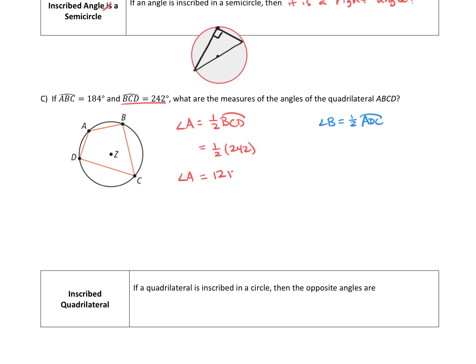And we'll come back to that one once we have a little bit more information to help us figure out what arc ADC is. Next, we can move on to angle C. Angle C, the vertex is on the circle. It's equal to half of its intercepted arc. So if we follow this out, that's going to be half of arc DAB.